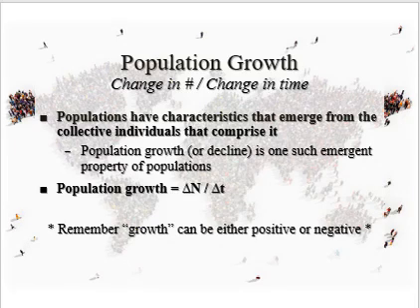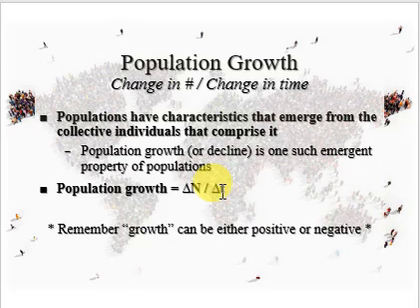Now, a population's overall growth rate, or the change in population size, which is noted as delta N, per unit time, which is noted as delta T. This is delta N, this is delta T, is a function of birth rates, death rates, immigration rates, and emigration rates. Those major factors of change that we had talked about in the last lecture.